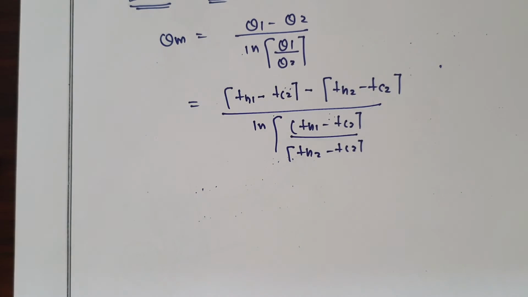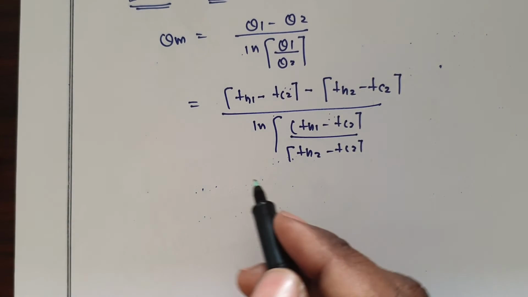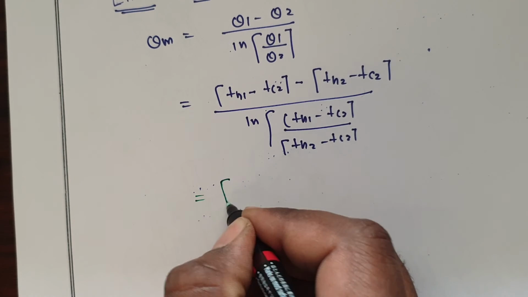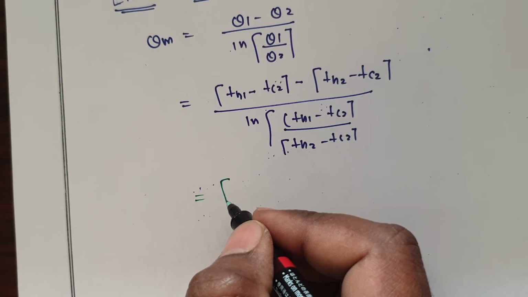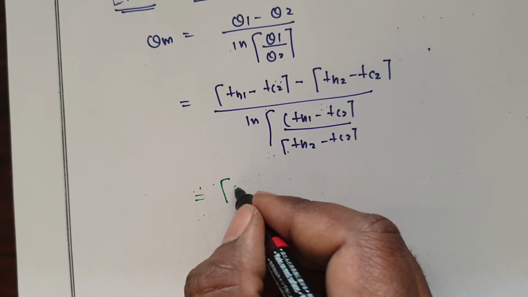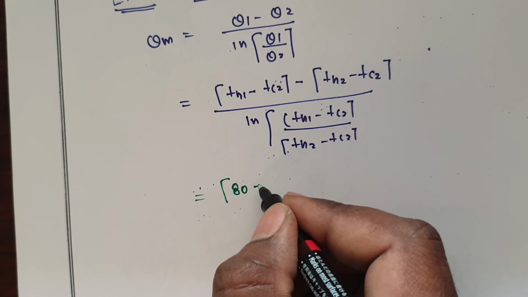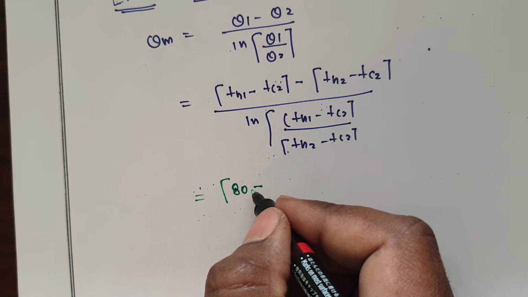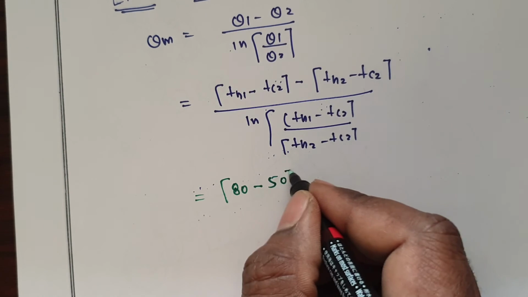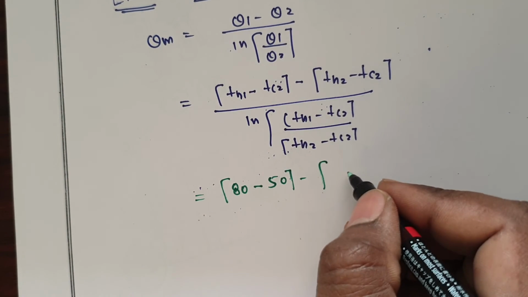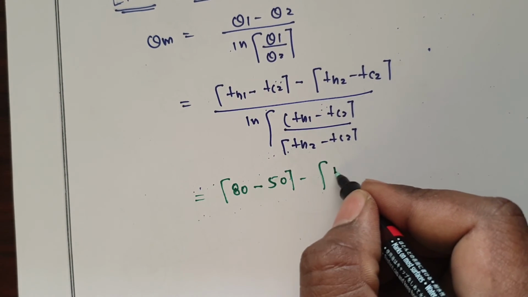After that, you have to substitute the values, you know all the values. TH1 is equal to how much? 80. Then TC2, how much did you get? 50. Minus, then TH2 is 40.